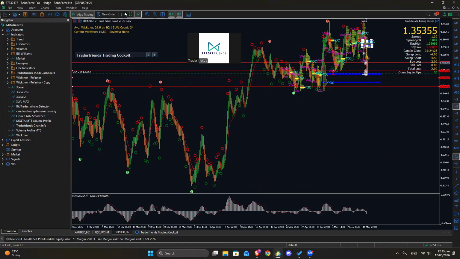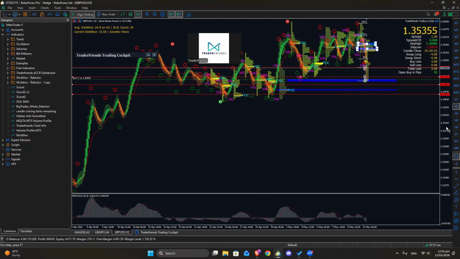So here, you can see these yellow boxes here, and here yellow, like here yellow, right? All these volume profiles aligning, like there is a zone where we have those POC levels. So that's why I marked it with a blue rectangle.